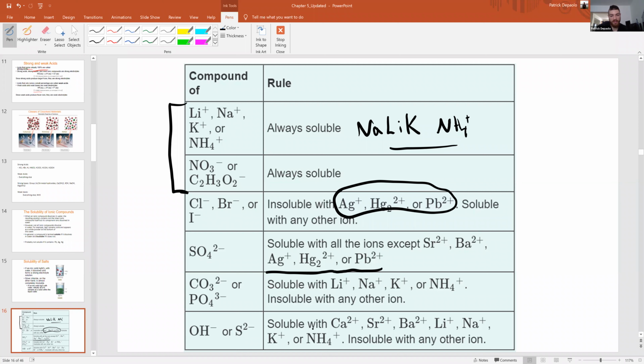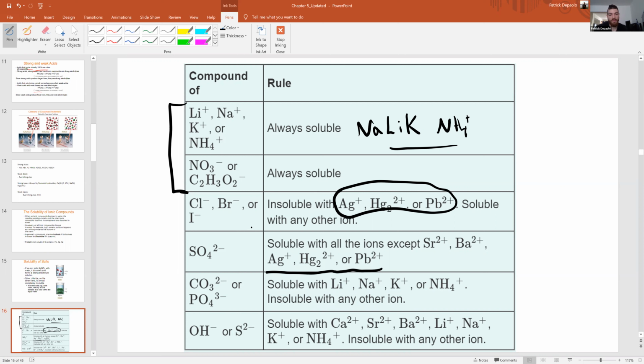Just knowing that if you see a silver, a mercury, or a lead, to raise a red flag, is a good thing, because those are the ions that usually are not soluble in a lot of compounds. When they're with chlorides, bromides, iodides, sulfates, phosphates, carbonates, hydroxides, and sulfides, they are not soluble.